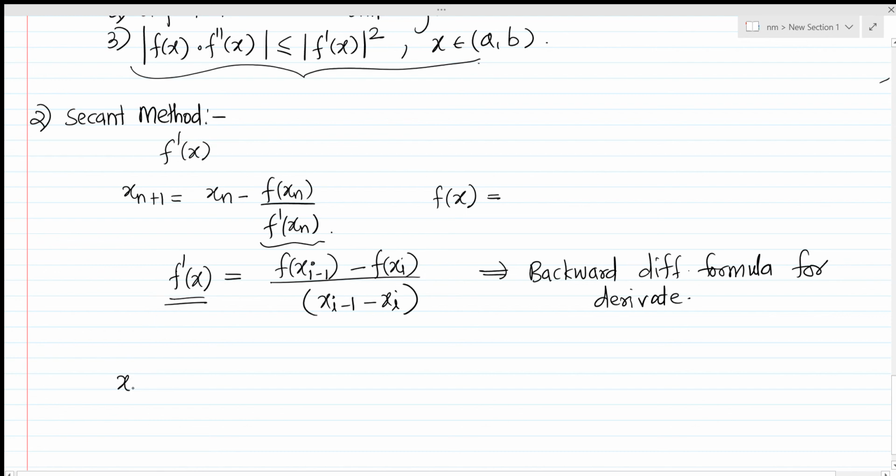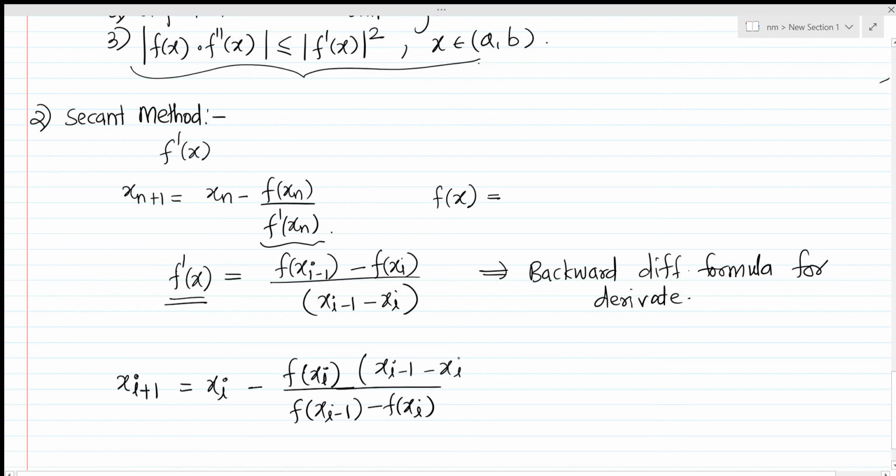So I will write: xi plus 1 is equal to xi minus f of xi, and we put f dash xi, which is f of xi minus 1 minus f of xi over xi minus 1 minus xi.